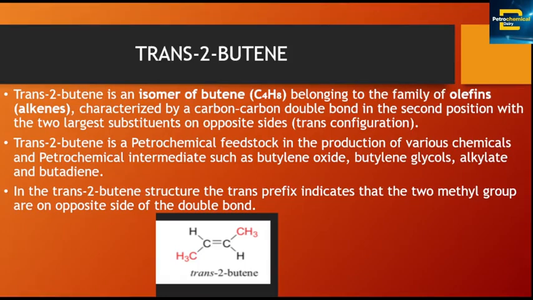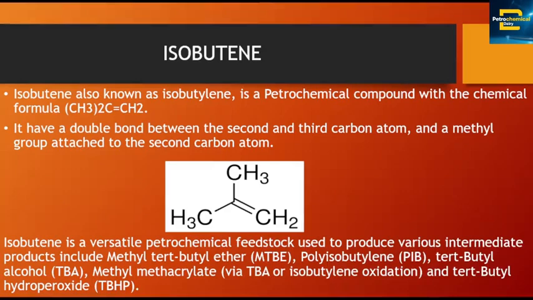What is our isobutene? Our isobutene, also called isobutylene, is a petrochemical compound with the chemical formula. It has a double bond between the second and third carbon atom and a methyl group attached to the second carbon atom.